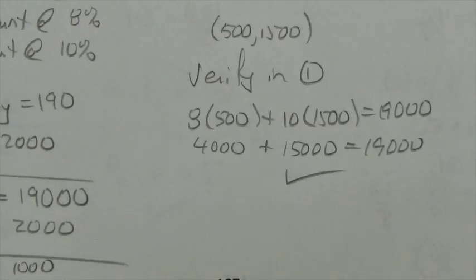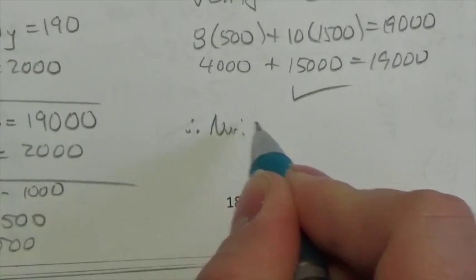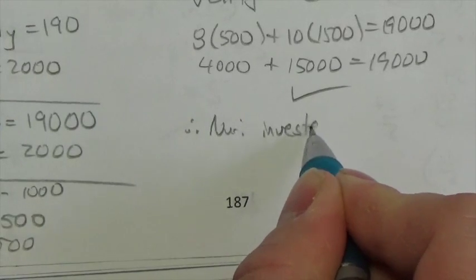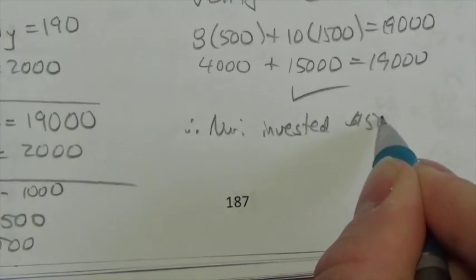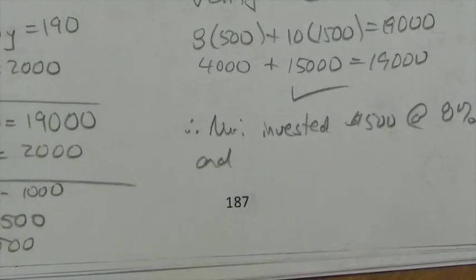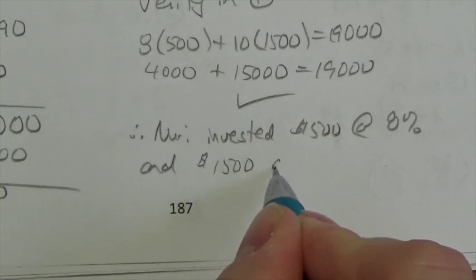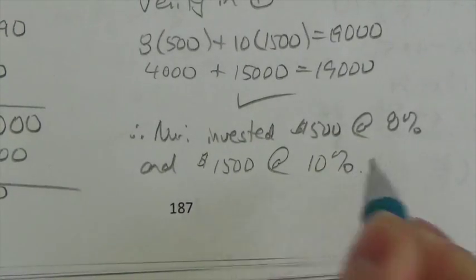Does that equal 19,000? Yes, it does. So, therefore, Nuri invested $500 at 8%, and $1,500 at 10%. Good.